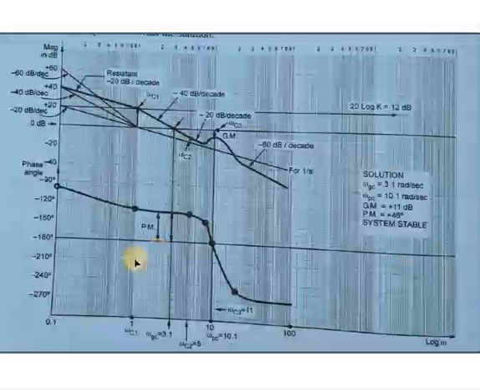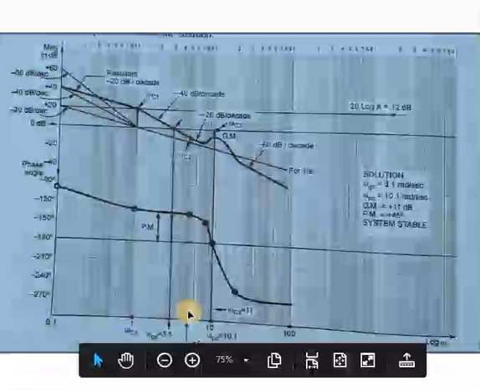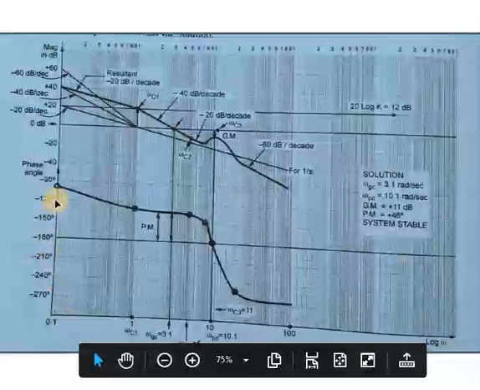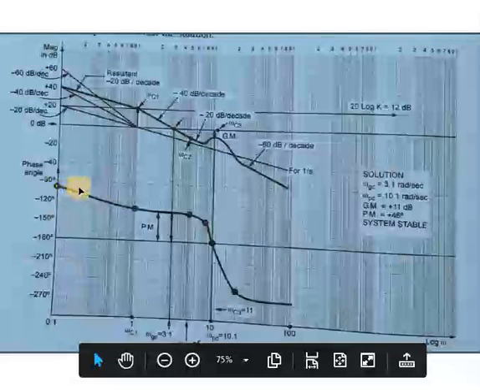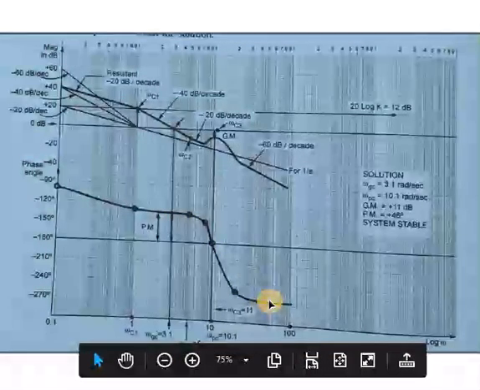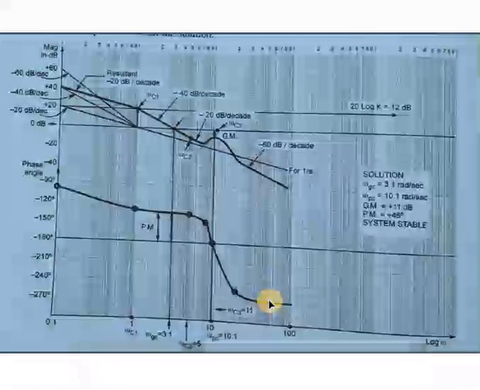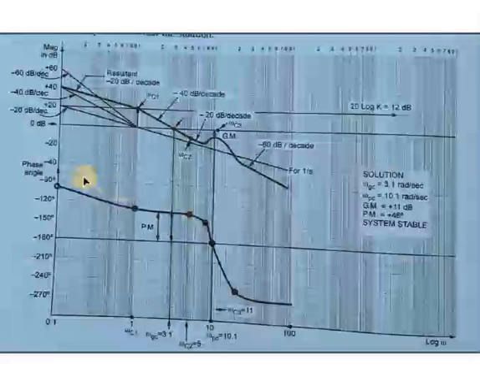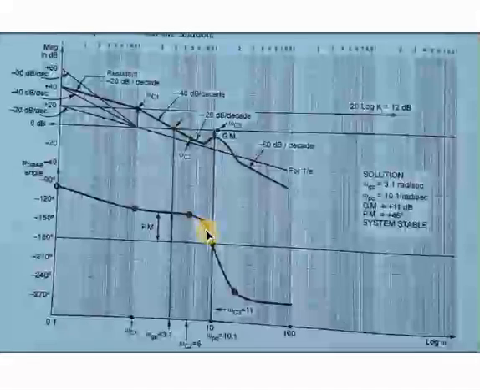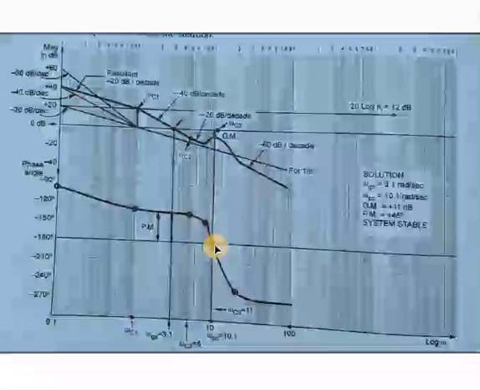After that, construction of the phase plot. So you have the different values of omega and their respective angles. Mark those points and join those points with a smooth curved line. Then you need to calculate the gain margin. To calculate the gain margin, you have to look for where the phase plot has intersection with the 180 degree line.